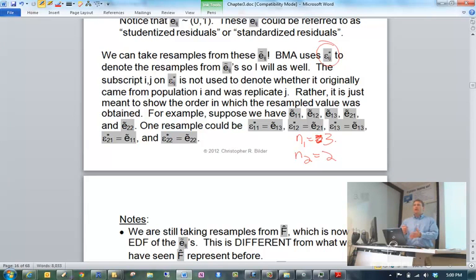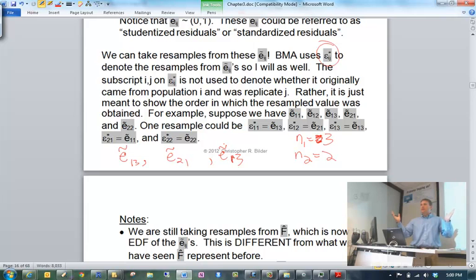Now I just want to resample from these 5 things like I would normally. So maybe the first one that I get is E tilde 1,3 in my resample. Maybe the next one that I get is E tilde 2,1. Maybe the next one I get is E tilde 1,3 again, perhaps.